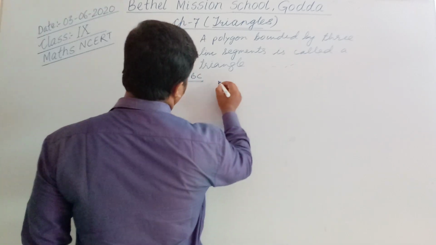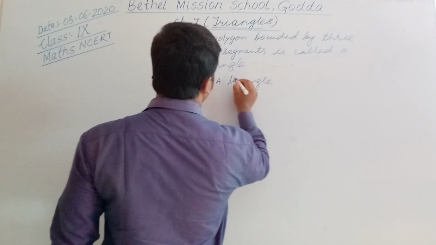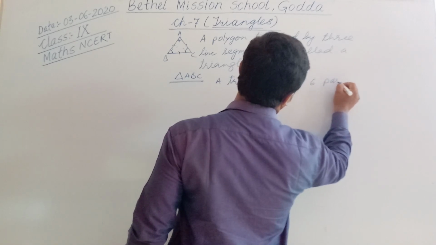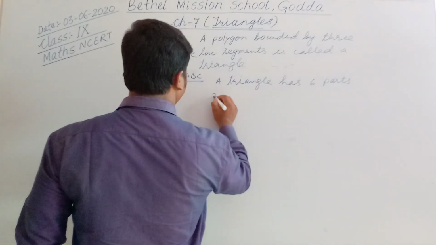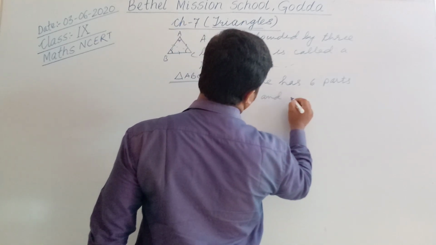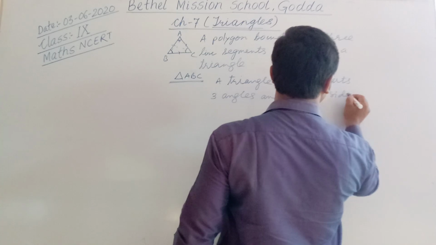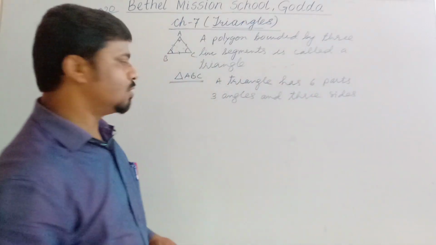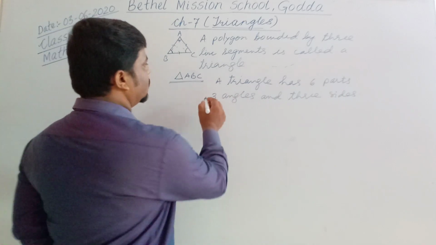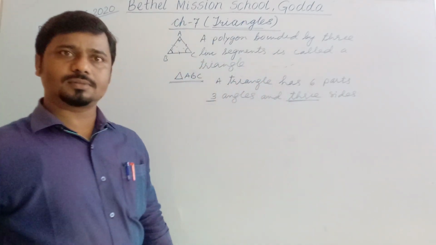It means a triangle has 6 parts, 3 angles and 3 sides. So you understood? A triangle has 6 parts, 3 angles and 3 sides.